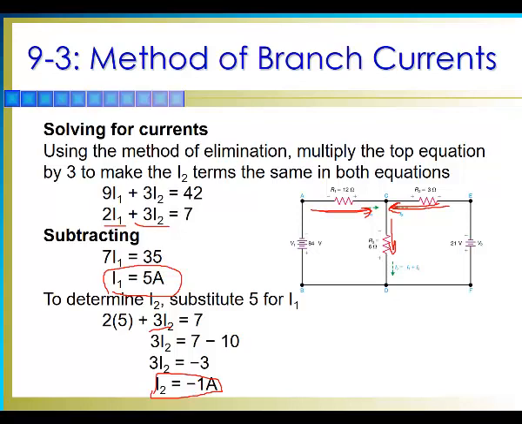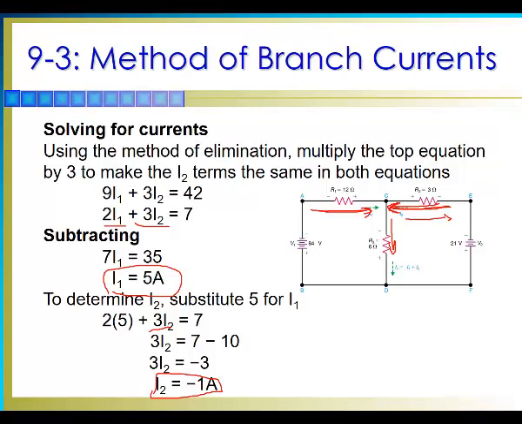What that means is that in reality the current 2 is actually going in the opposite direction. In reality, this one is coming in, and then 3 and 2 are going out. But since we stated that we would have our current in this direction, the value for the current in this direction is negative, meaning that in reality it's going in the other direction.